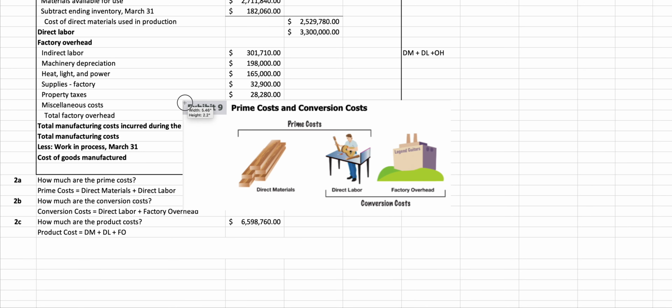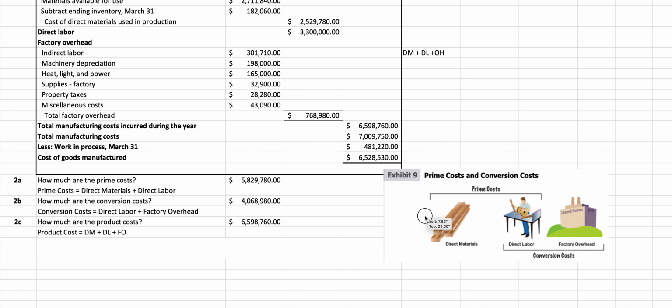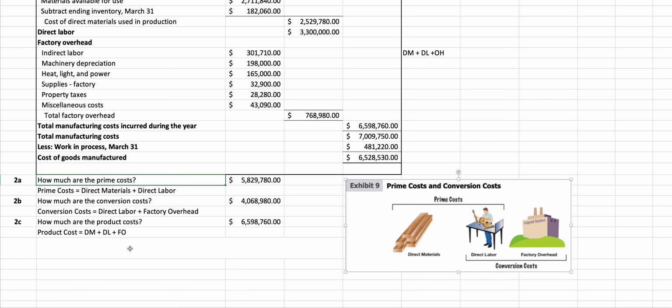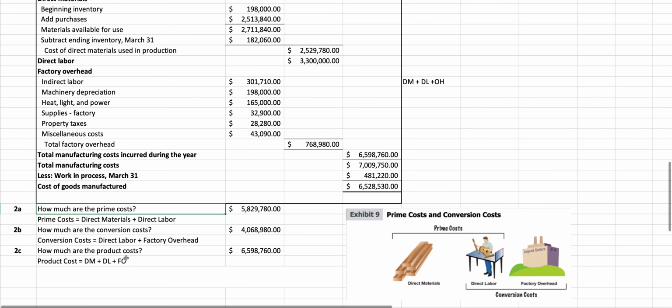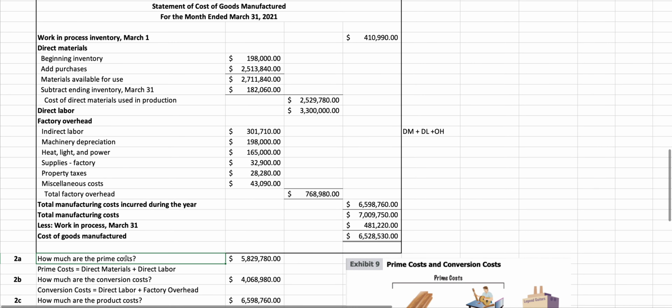All right, so let's go ahead and perform the calculation. First of all, how much are prime costs? Let me scroll up. So our prime costs, again, are going to be our direct materials plus our direct labor. And we can see that here we have our direct materials plus our direct labor.